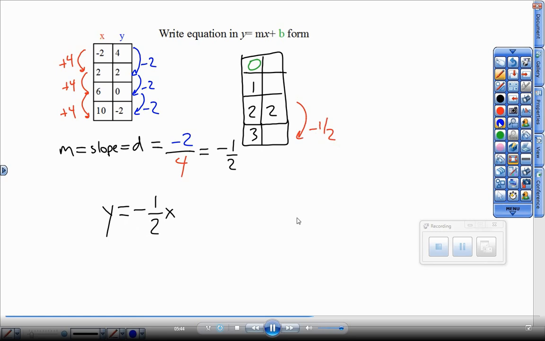When I'm doing the opposite and going up, adding 1/2. So this term 2 minus 1/2 gives me 1 and 1/2. Going up, 2 plus 1/2, 2 and 1/2 plus another 1/2 gives me 3. So that is my y-intercept. So that gives me -1/2 x plus 3.